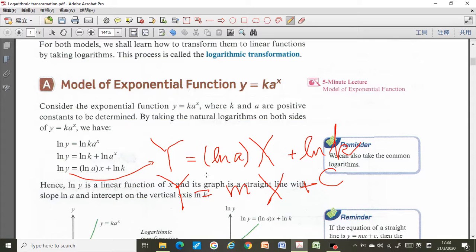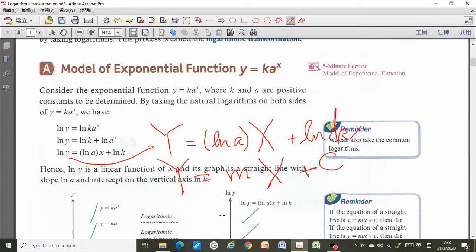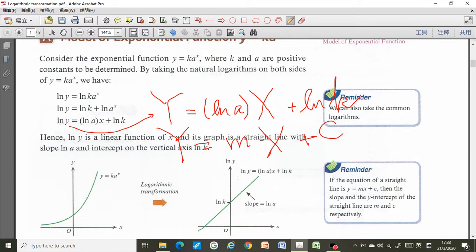But now when you're taking log on both sides, the y-axis is log y, and the x-axis is still x, so you can plot the graph with the x-coordinate as x, but the y-coordinate as log y. Then you plot some points and connect them with a straight line.